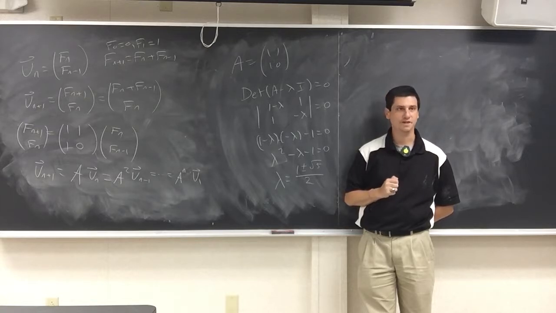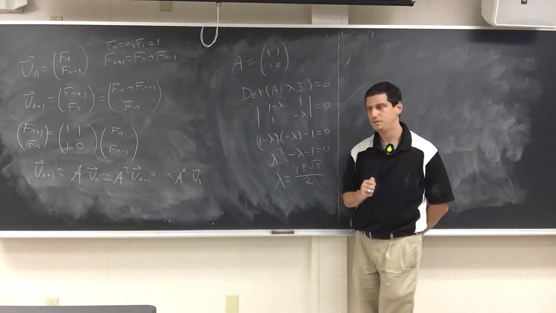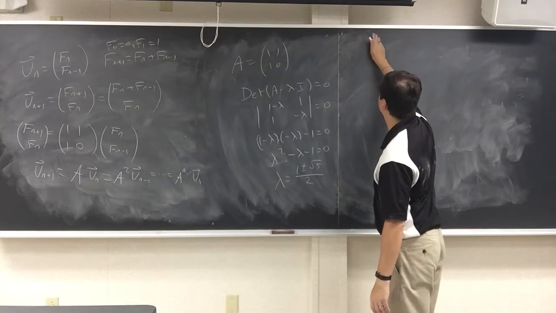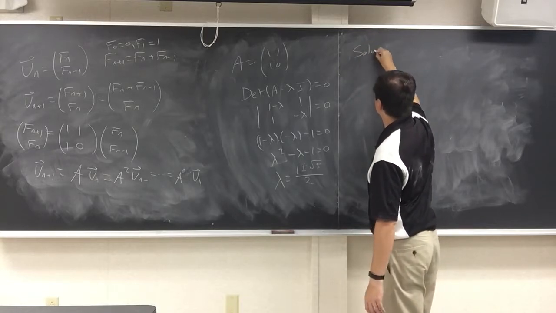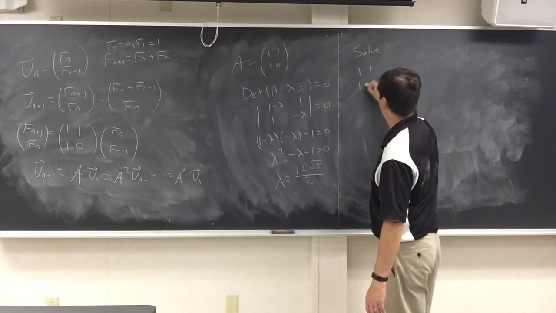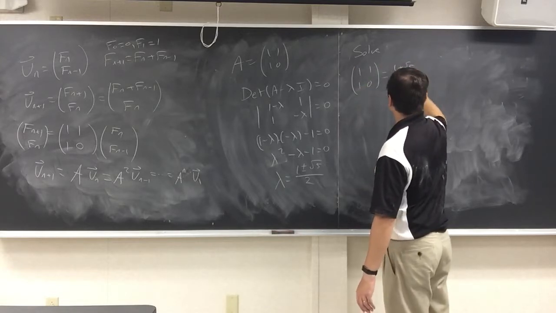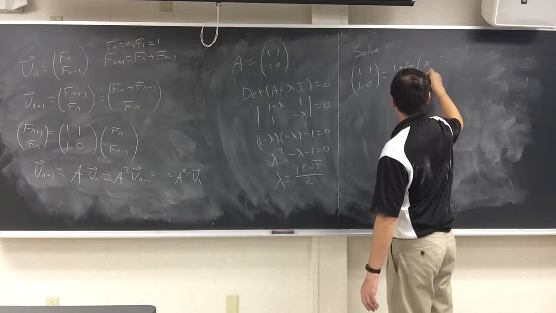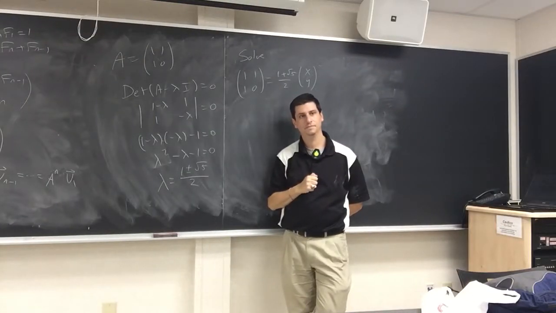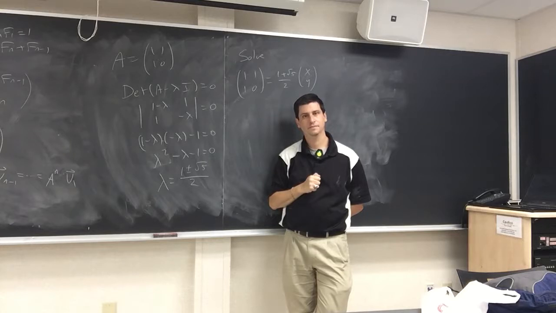Now we need to find the eigenvectors. So now we need to solve, say, 1, 1, 1, 0 acting on xy equals 1 plus root 5 over 2 times xy.